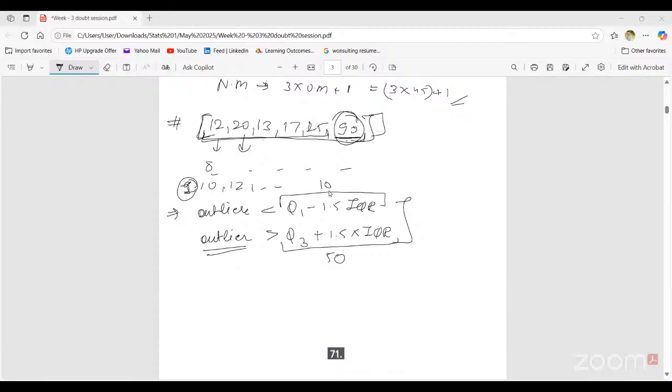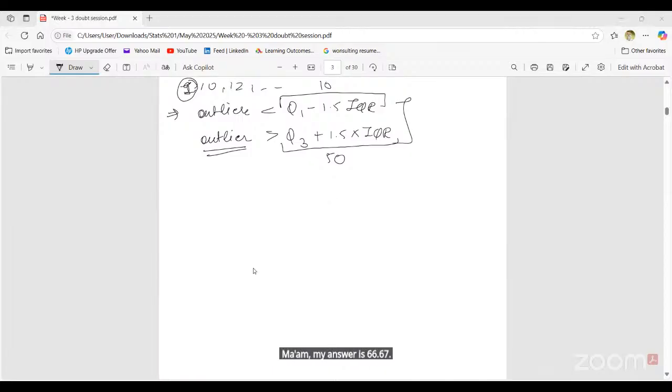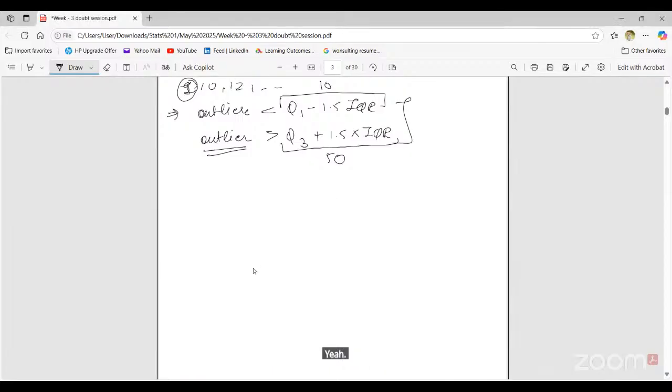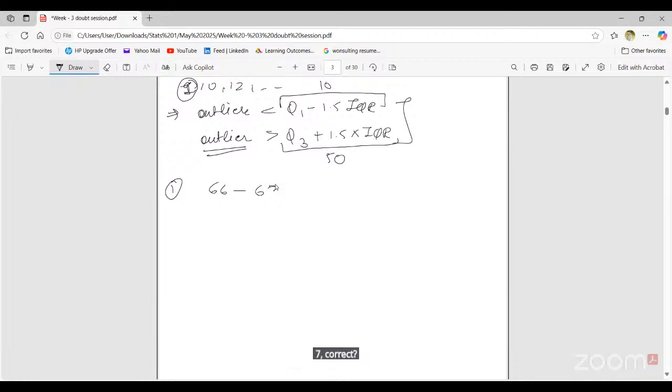I am getting 71.94 for question number 1, but it's not in the range. Ma'am, my answer is 66.67. Then it's correct, because the range given is 66 to 67, correct? Yes. So it should be in between this range.